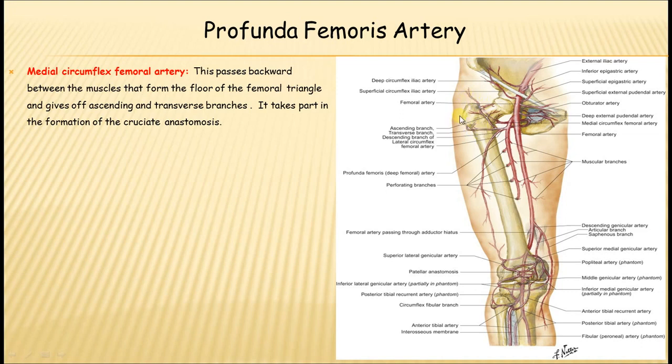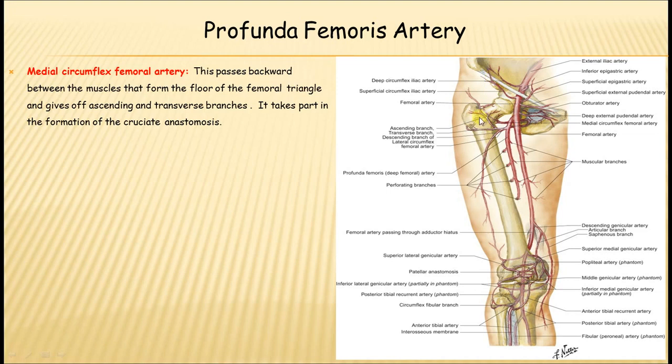around the hip joint. Okay, the cruciate anastomosis behind the femur, you are able to see it will be formed by the transverse branch of medial circumflex, transverse branch of lateral circumflex, descending branch from the superior gluteal artery, and also a branch from the inferior gluteal artery, and from the ascending branch of the first perforating artery.